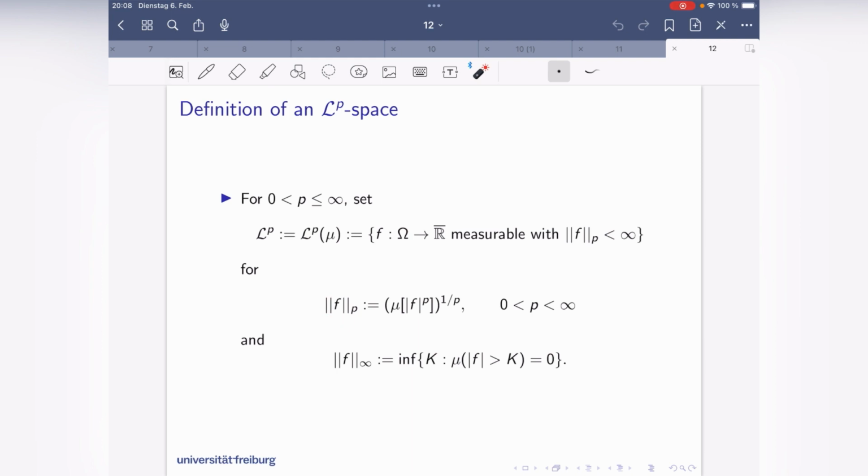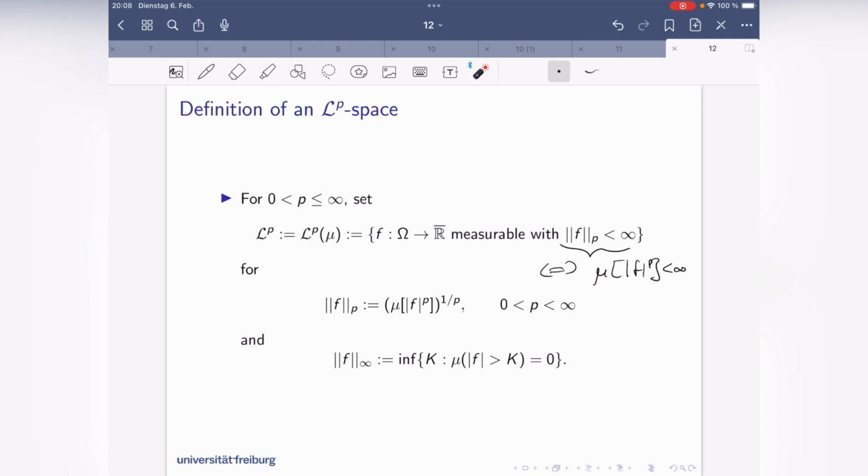This norm here is finite, which only means that the integral of the absolute value of f to the power of p with respect to mu is finite, because the number is finite if and only if x to the 1 over p is finite.